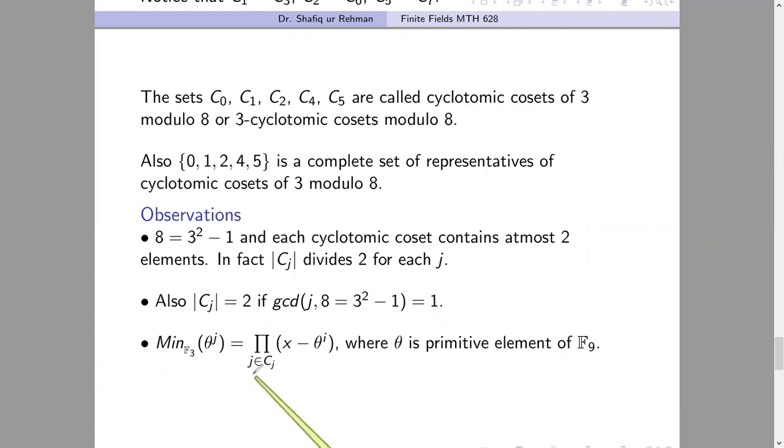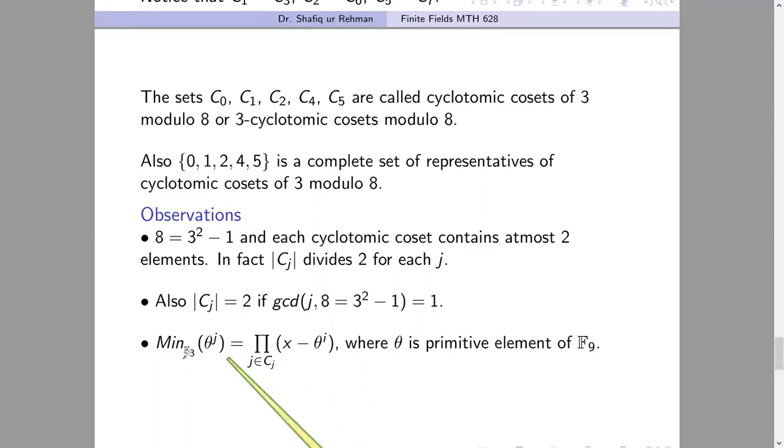For instance, when we want to find the minimal polynomial of theta, we will vary j from C1, and when we take the minimal polynomial of theta square, here it will be j belongs to C2, which consists of 2 and 4. So using cyclotomic cosets we can also factorize the polynomials. We can also obtain the minimal polynomials.